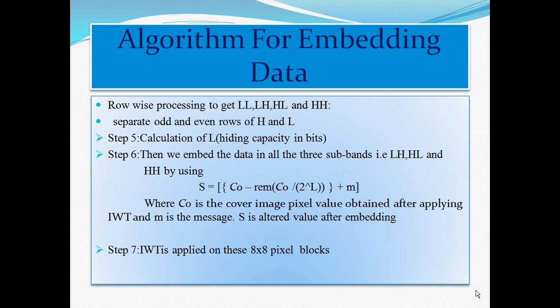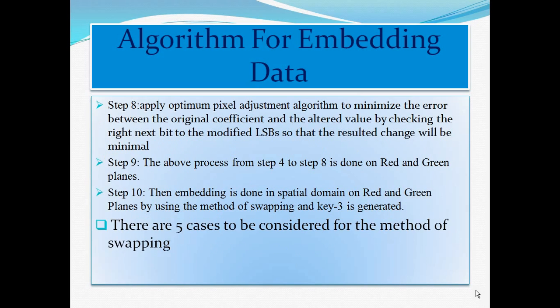Next, an inverse integer wavelet transform is applied on these 8x8 pixels, and then an optimal pixel adjustment algorithm is used to minimize the error between the original coefficient and the altered value by checking the next bit to the modified LSB so that the resultant change will be minimal. The above steps are performed on both the red and green channels.